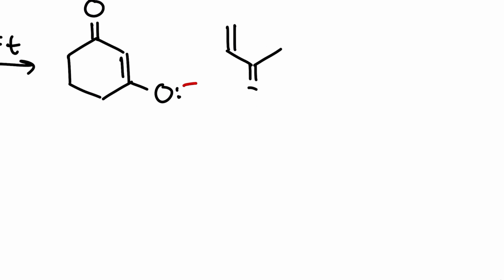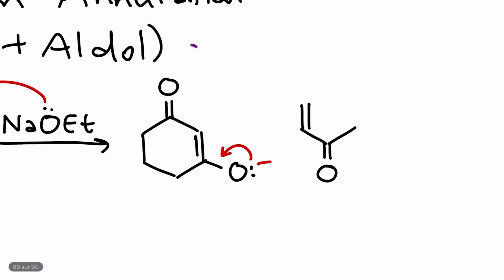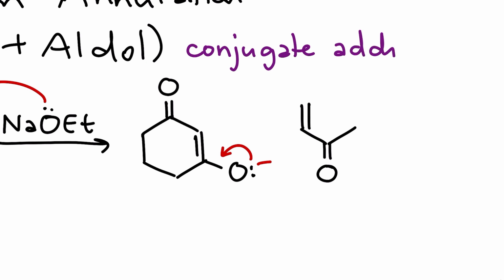Because sometimes conjugated carbonyls, if it's an aldehyde, it can react at the aldehyde carbon, because aldehydes are more reactive than ketones, right? So I'm going to change it into a ketone to make it more selective for the conjugate addition. This method of attack is called conjugate addition, by the way. Conjugate addition. Like so.